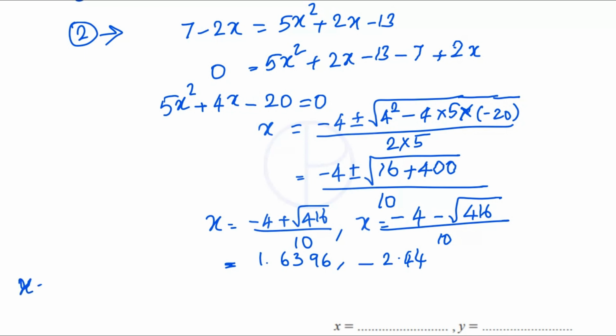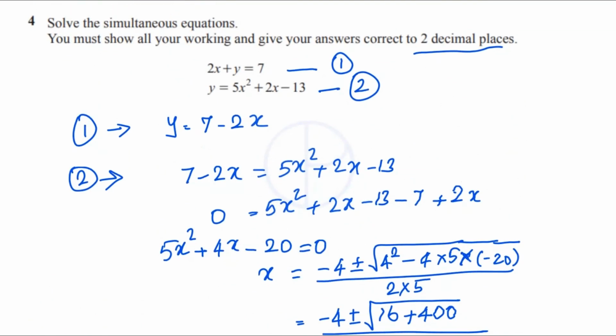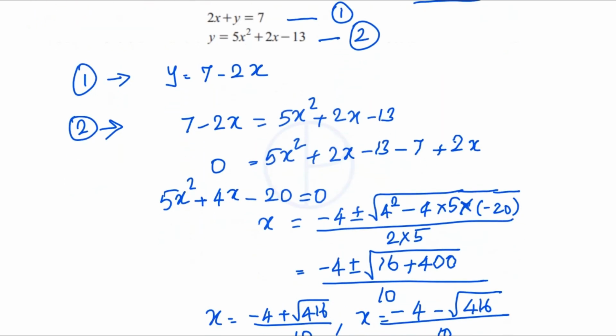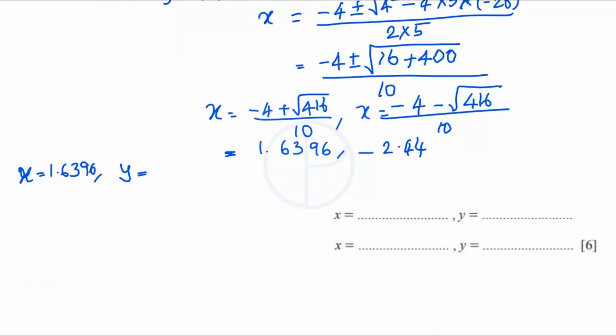When x is 1.6396, y is equal to 7 minus 2x. 7 minus 2 times 1.6396, which is equal to 3.72.